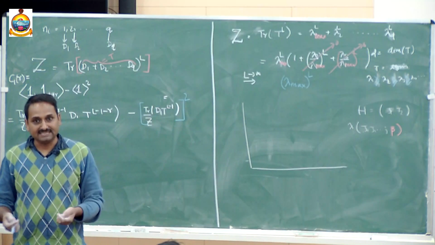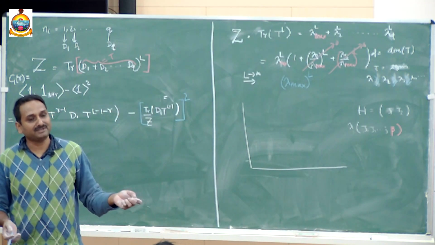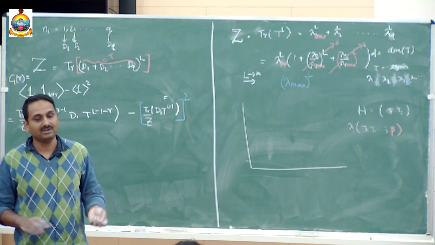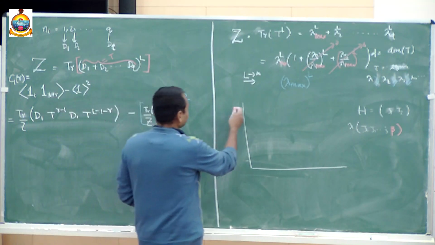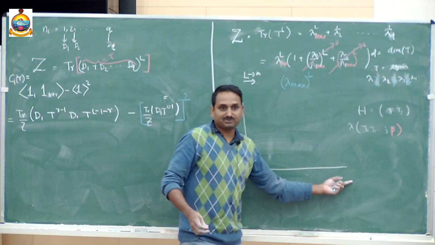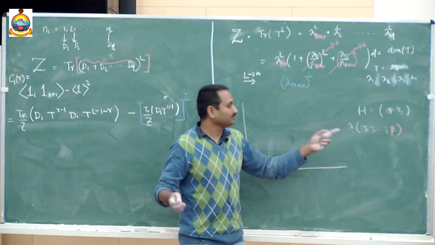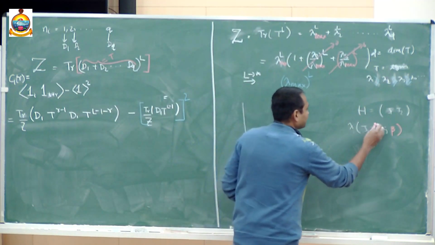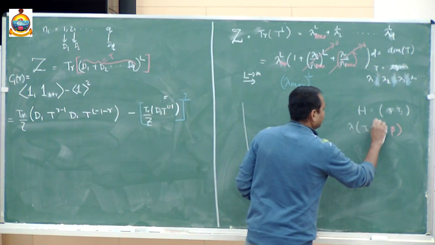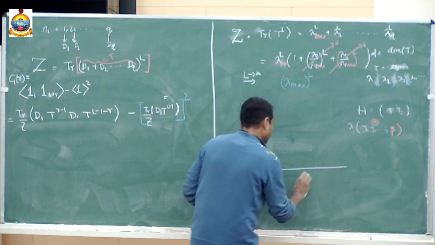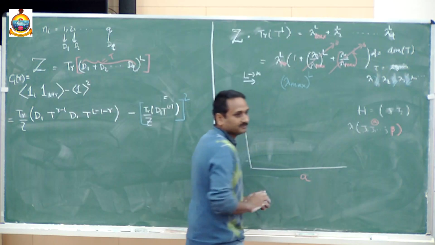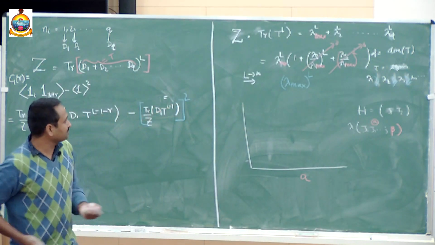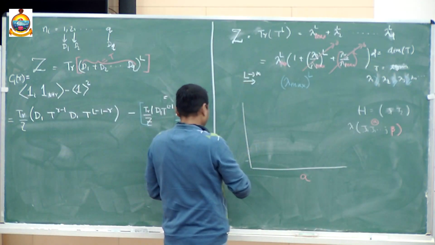Any of the parameters you change, the behavior of the eigenvalues will change. So I will plot the eigenvalues with respect to some parameter. I don't know which one, you can take whichever. I call it a general parameter, A. A is the generic parameter, any of them. So I am plotting it with A. Now the question is, what do you expect? So the first one.